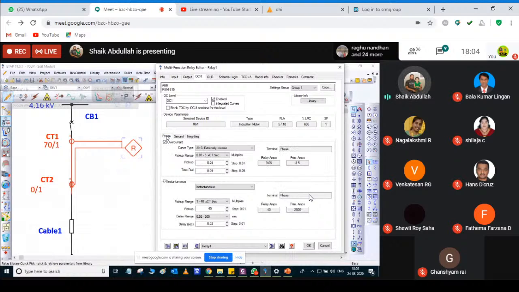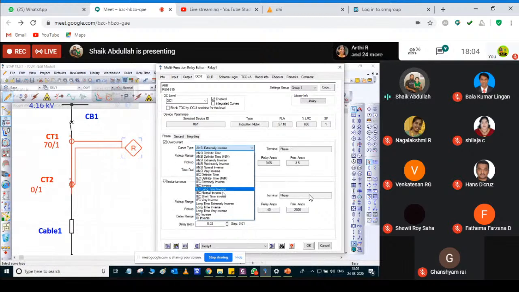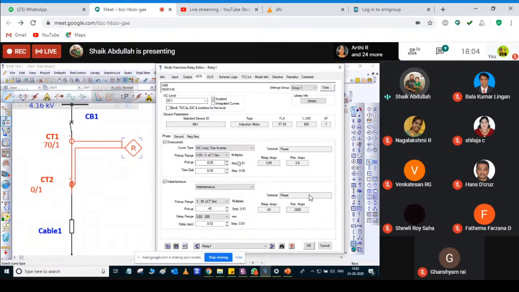So we have many formulas for this one. As it is the load side, I'm going to use a long inverse curve. And my full load current here is nothing but 57.10. So I will add just 10% of this full load current as my overcurrent.